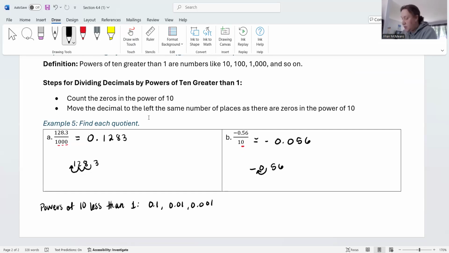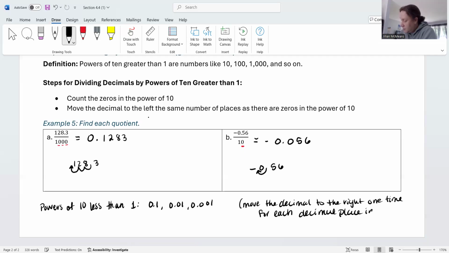And so when you're dealing with division by powers of 10 less than 1, we move the decimal to the right 1 time for each decimal place in the power of 10.